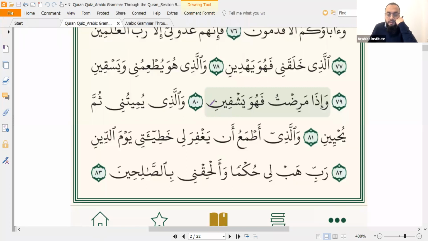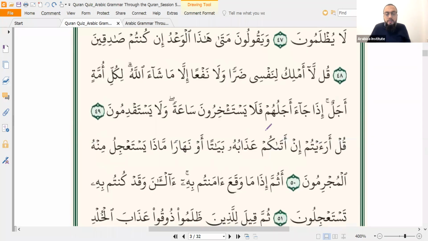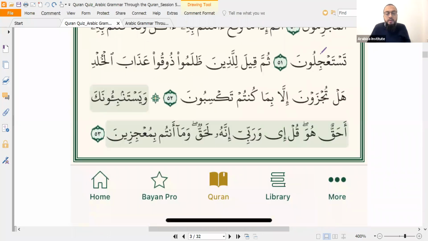What's missing here? There's a ya missing. Yeah, we dropped that ya. This noon is that noonul wiqaya, that noon of protection, that protects this verb from that ya. And in Arabic, in certain styles, you can drop that ya and leave the noon there with a kasra to indicate that it was there. So that's a stylistic flourish. Let's have a look at the next one.